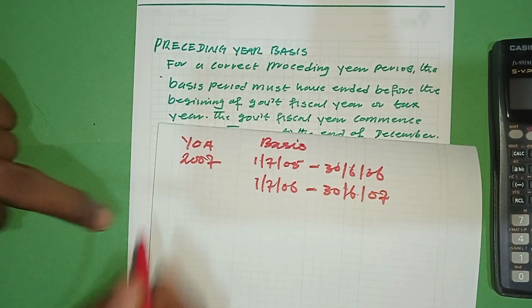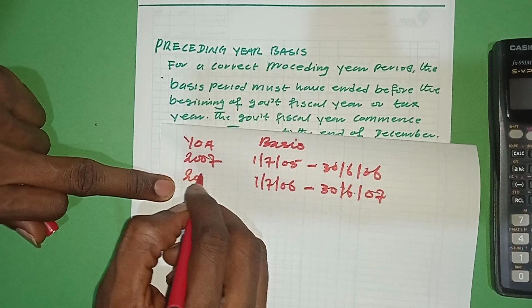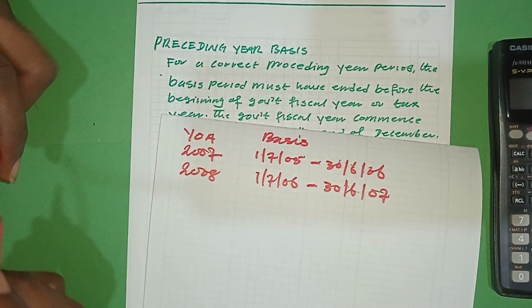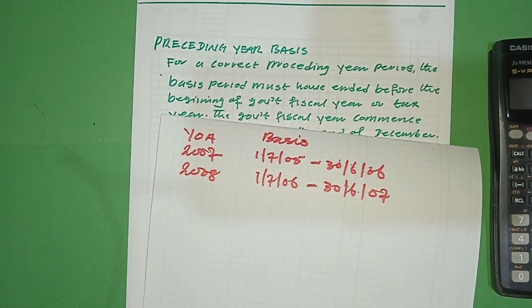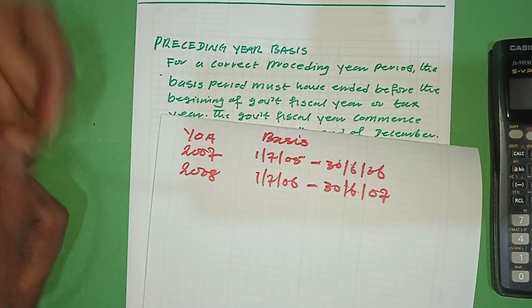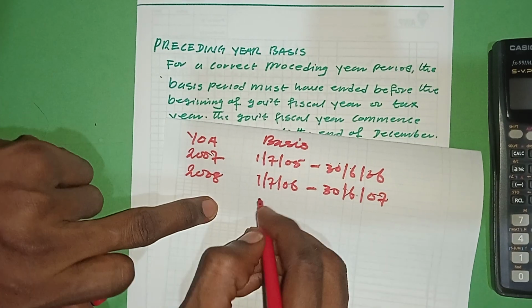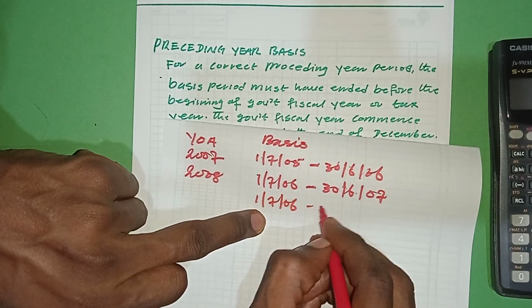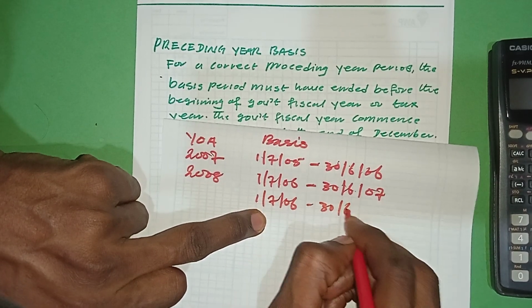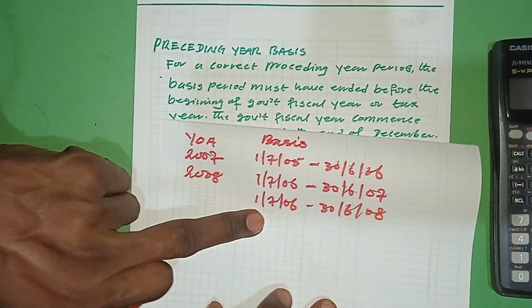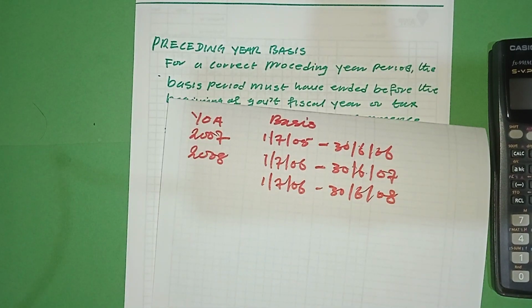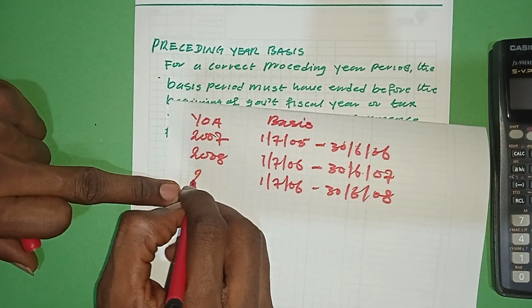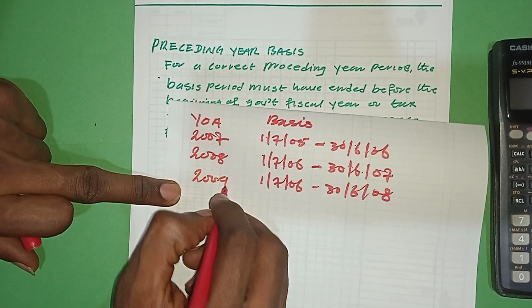You are very correct. 2008 will be the year of assessment. So this is how preceding year basis works. If you continue again, 7/06 to 30/6/08, the year of assessment is going to give you 2009 continuously.